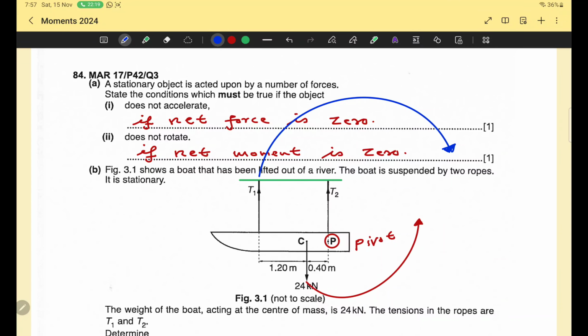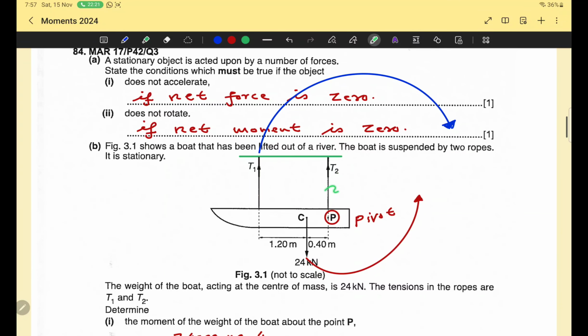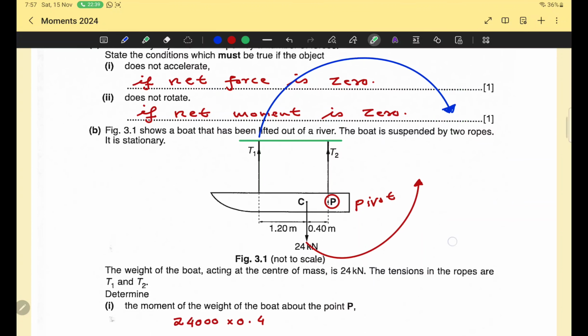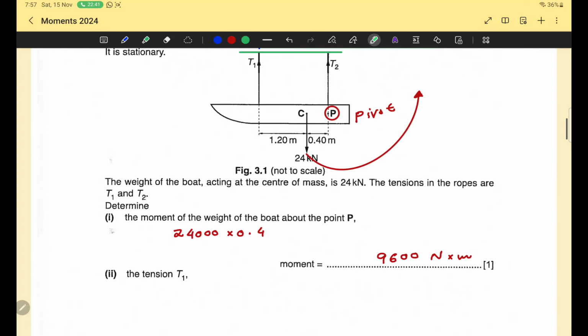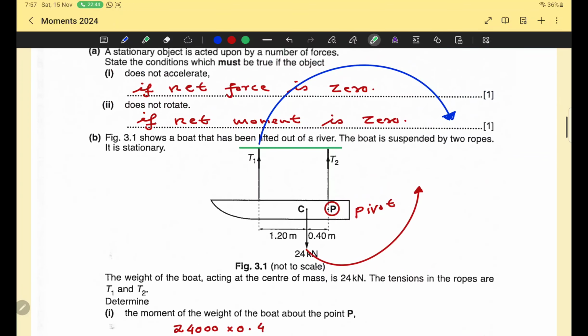Both circles are drawn in such a way that the pivot should be inside the circle, and both arrows must be opposite in direction, because one of them is clockwise and the other is anti-clockwise. So if I am solving T1, I am writing clockwise moment equals anti-clockwise moment.